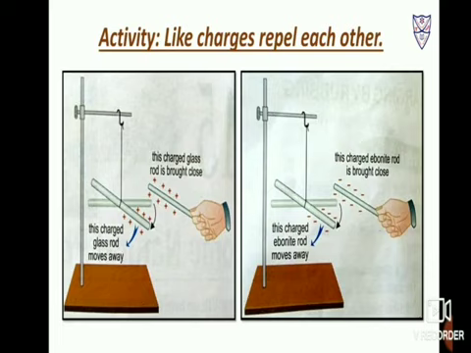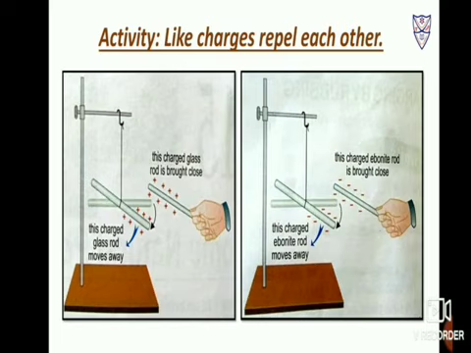What we are going to do, see the first image: we rub a glass rod with a piece of silk and suspend it with a silk thread to a stand as shown in the figure. You can see it in the figure.